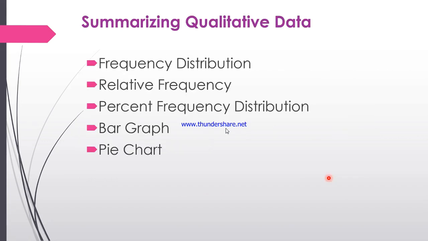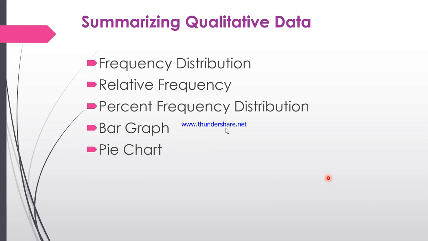So first we are looking at the qualitative data, right? If the collected data are in qualitative form, then how can we summarize or present those qualitative data? There are 5 methods we are going to learn to summarize the qualitative data.